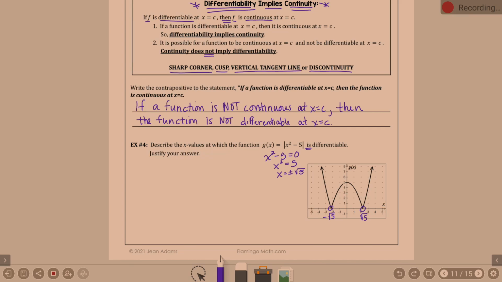So where is it differentiable? Think interval notation instead of inequalities.